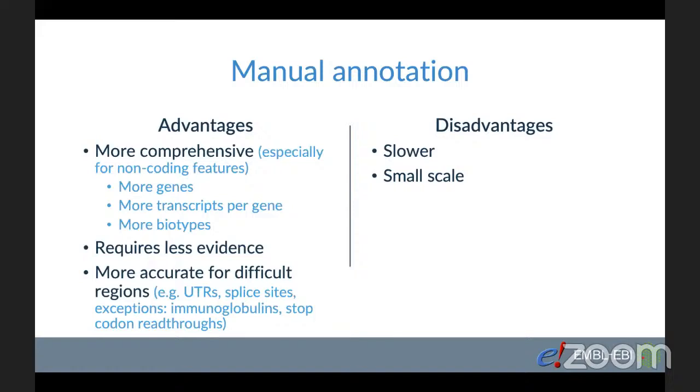So for example, if there is a small evidence, the automatic pipeline might skip the evidence without making an annotation, but an annotator can investigate further, can explore further, and can make an informed decision on a case-by-case basis. And finally, it's also more accurate for difficult regions, including UTRs, splice sites, some assembly exceptions, stop codon read-throughs, or single exon genes. The disadvantages are that it's slower, it's smaller scale, so it's less throughput.